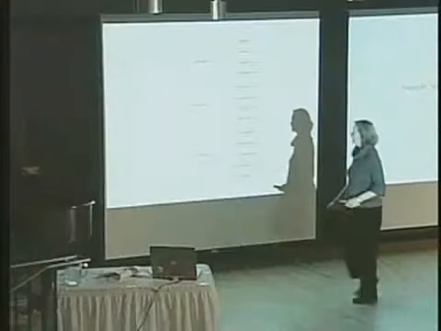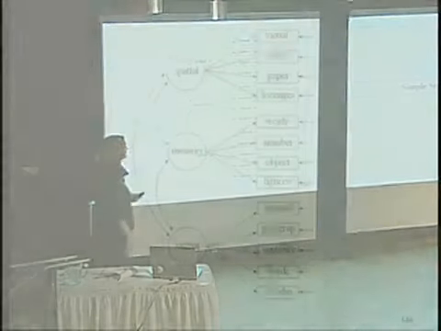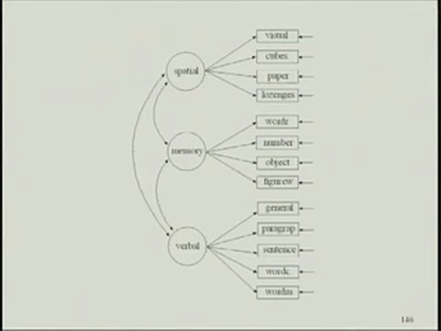So on the left screen, we have a path diagram for a simple structure CFA where we have spatial, memory, and verbal. So this is the EFA that we did earlier. Now we're turning it into a simple structure CFA where, remember, in the EFA we had no restriction on the paths except for the m squared restrictions that we needed for model identification.